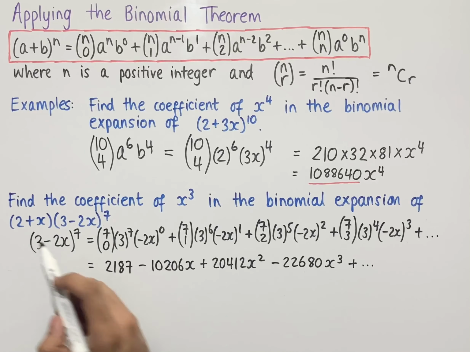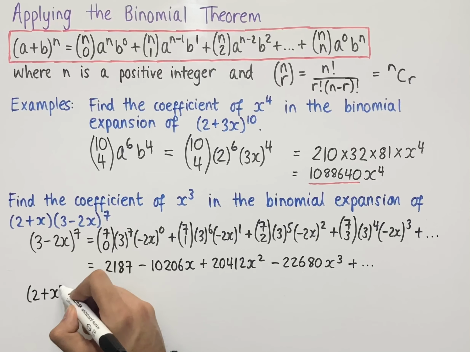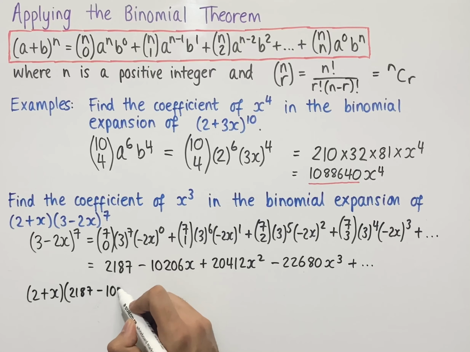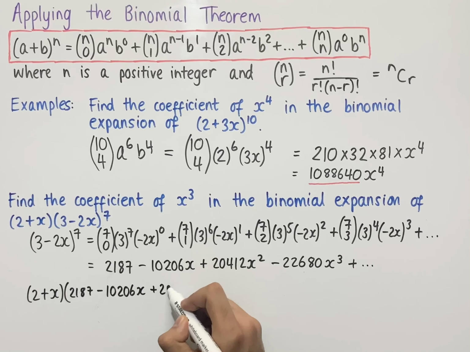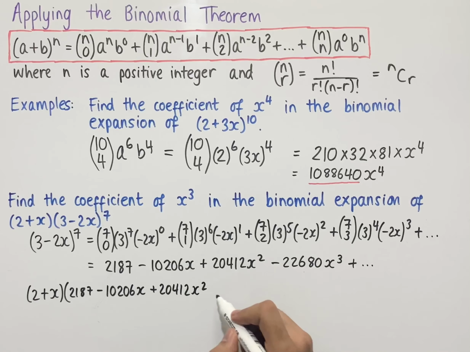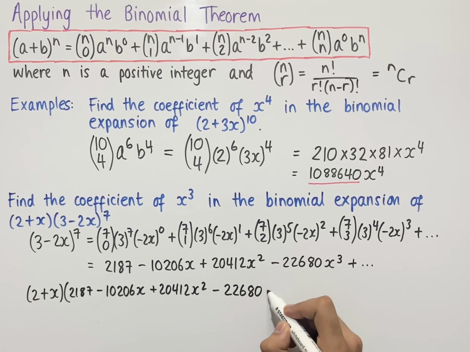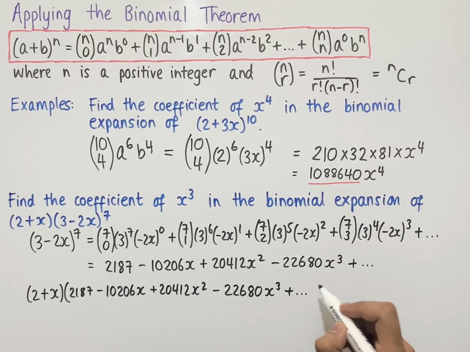So this question can be written as (2 + x) multiplied with these terms that we have here: 2187 − 10,206x + 20,412x squared − 22,680x cubed, and the rest of the terms we'll write in using an ellipsis.